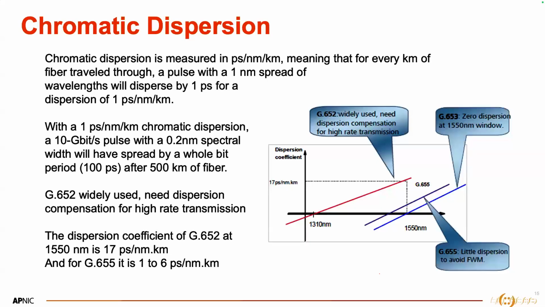There are fibers made in such a way that their medium is able to provide resistance against dispersion. So how is that? When chromatic dispersion occurs, there is a dispersion index for each of the media.